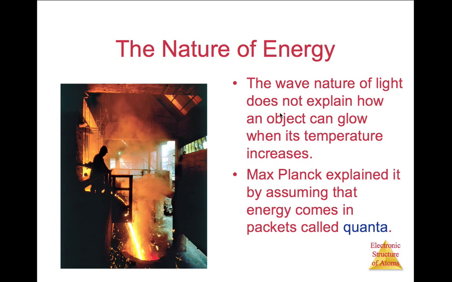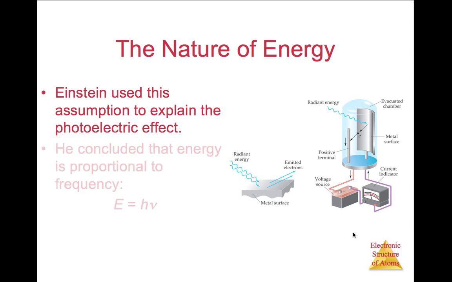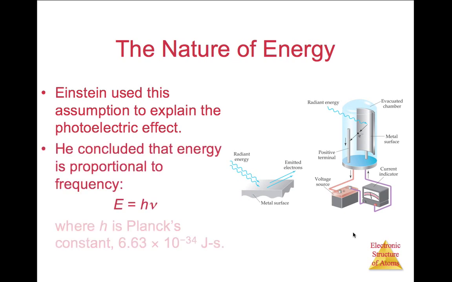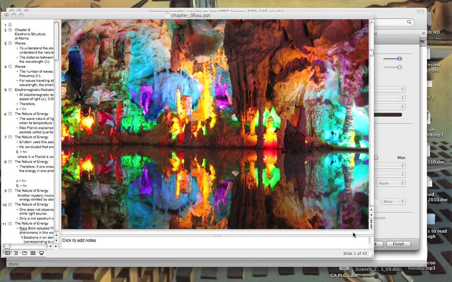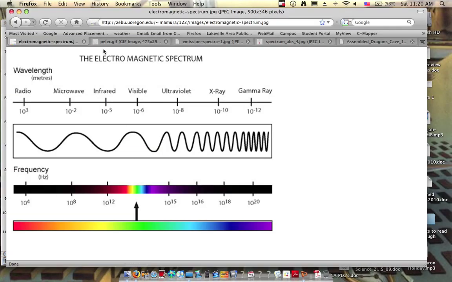Max Planck explained black body radiation by assuming that energy comes in packets called quanta. And Einstein used this quanta assumption to explain what is known as the photoelectric effect. And if we take a quick look, we can see a couple of other pictures of these phenomena.